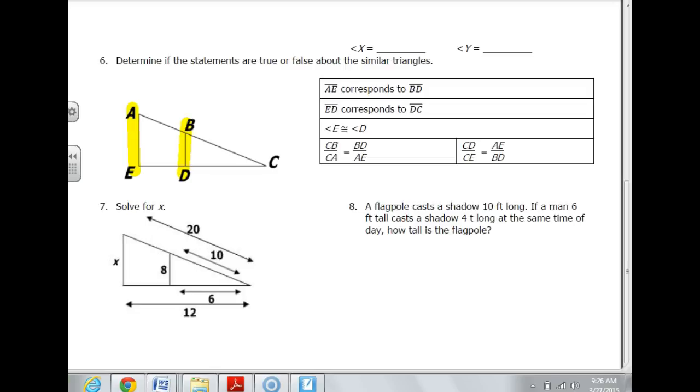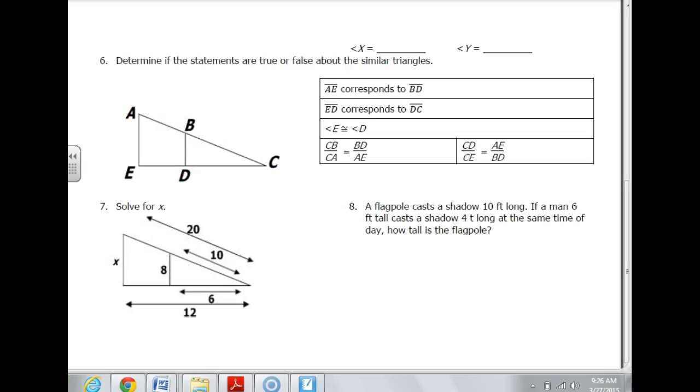So whether or not you see it, there are actually 2 different triangles here. You have triangle AEC. Okay, then you also have triangle BDC. So you do have 2 triangles there. And if it's difficult for you to see both in that one space, then I'm going to suggest that you draw them separately.